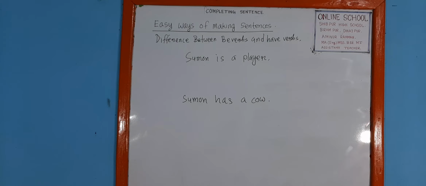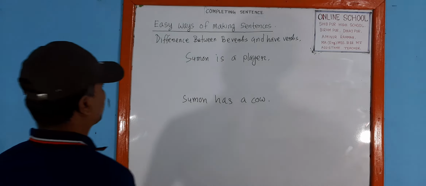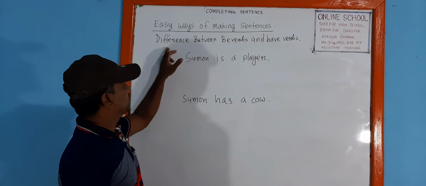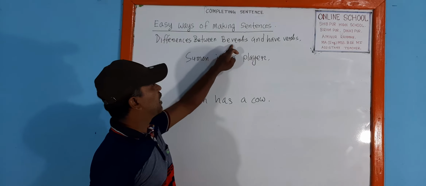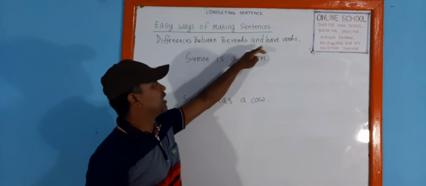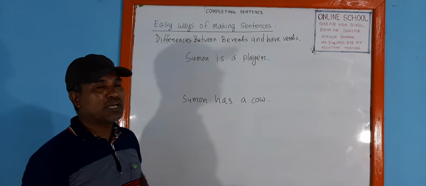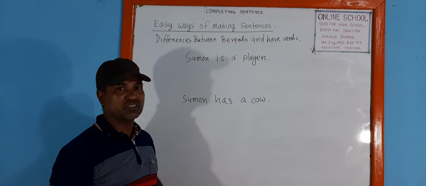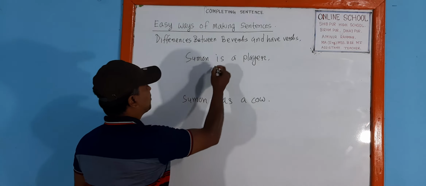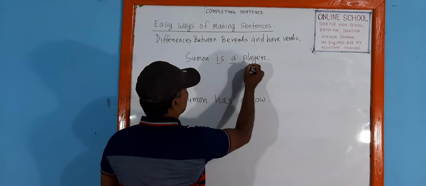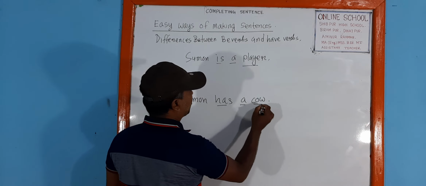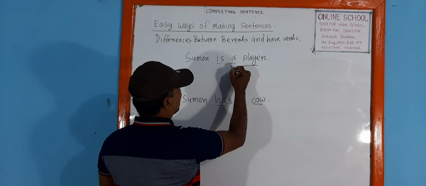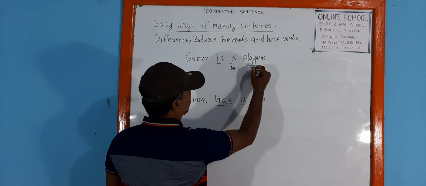Okay dear students, another aspect that I am going to discuss with you, the differences between be verbs and have verbs. Okay, we came to know from the earlier discussion that after be verb we can set up determiner plus noun, and also after have verb we can set up determiner plus noun. A is the determiner and player is the noun.